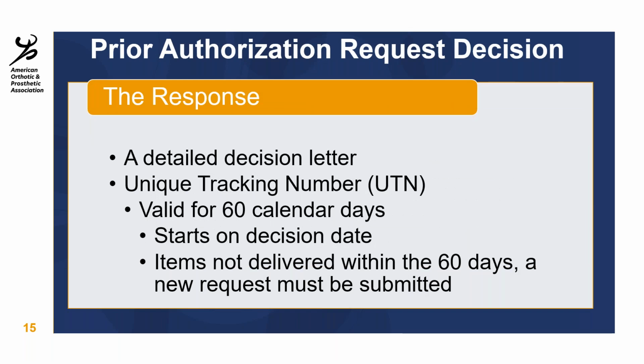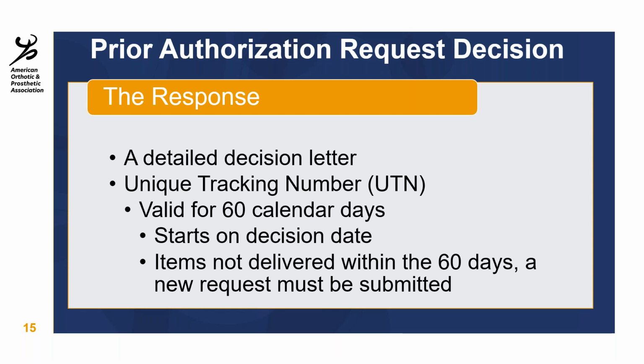Okay, so once they've reviewed it, it's time for your response. The DME MAC will send decision letters to the supplier, you or anyone else that's made that request, within that appropriate time frame of about 5 days, maybe less, depending on the type of request.